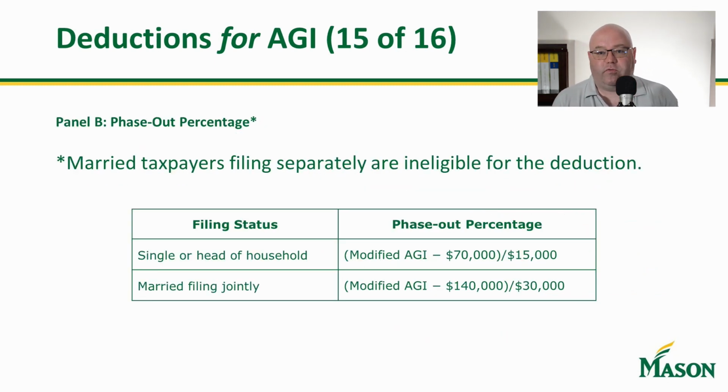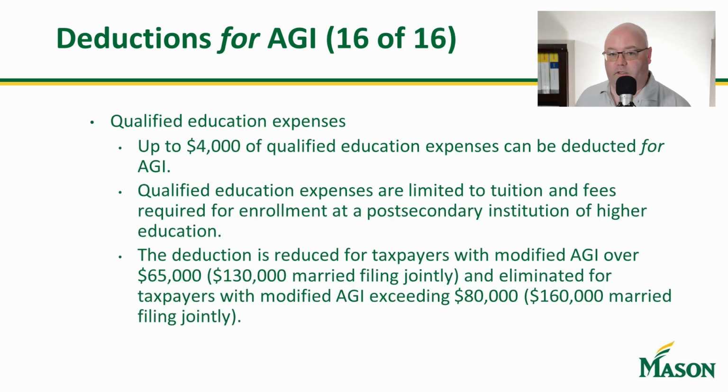All right, so this is for phase-outs if you're married filing separate for those student loan deductions. Qualified education expenses up to $4,000. Now here, let's step back for 5 seconds. When you find out somebody had qualified education expenses, you're not going to worry too much about how this gets deducted. Let me tell you how you're going to do this in the tax system.